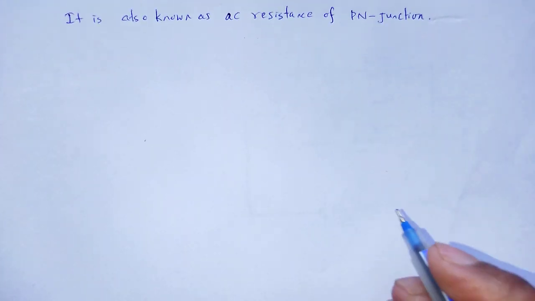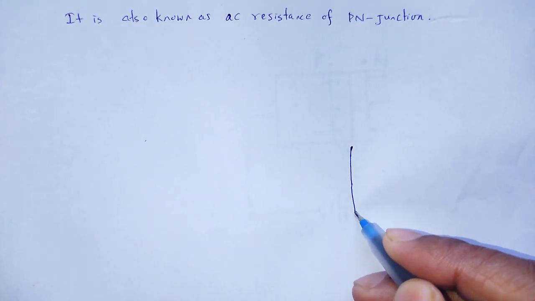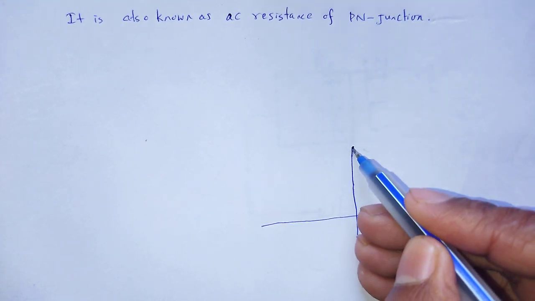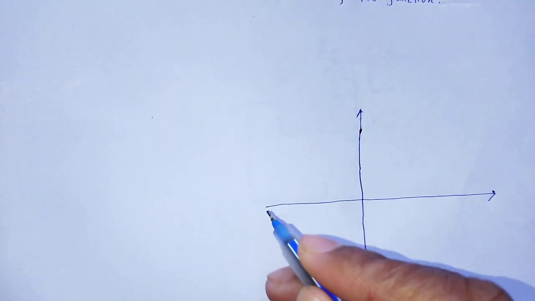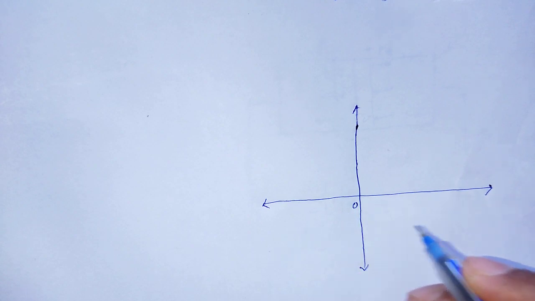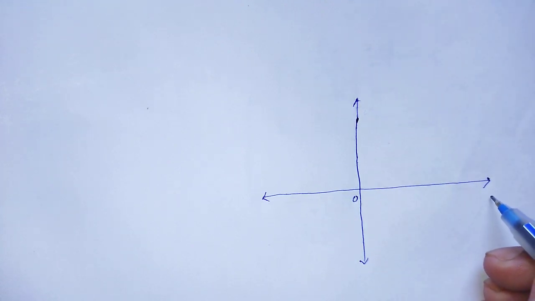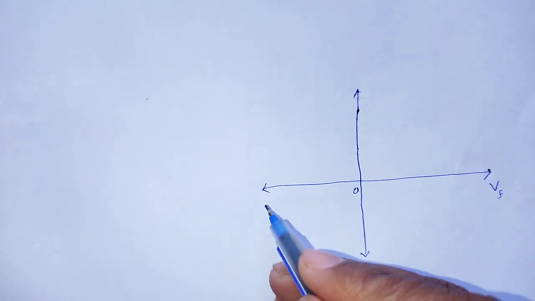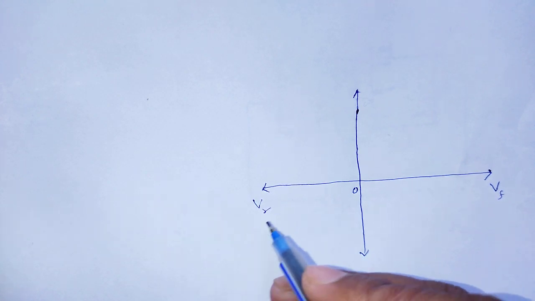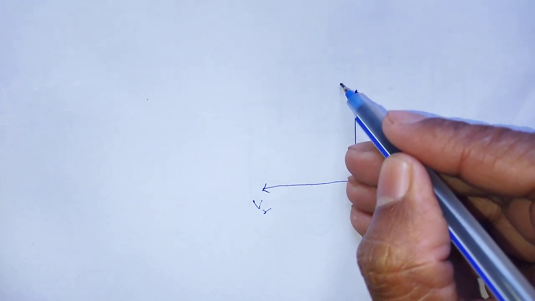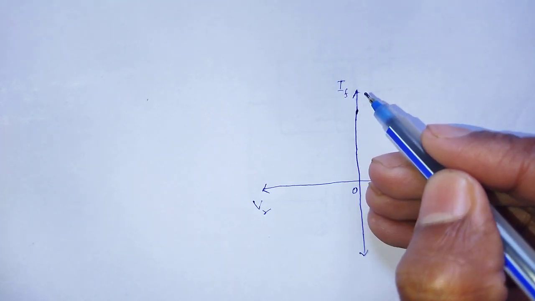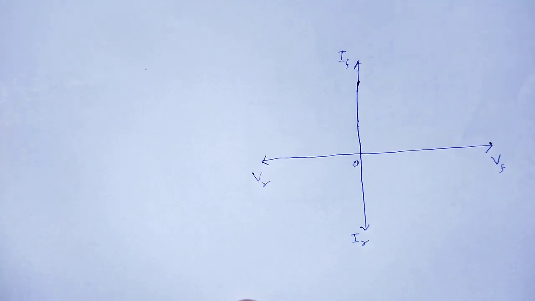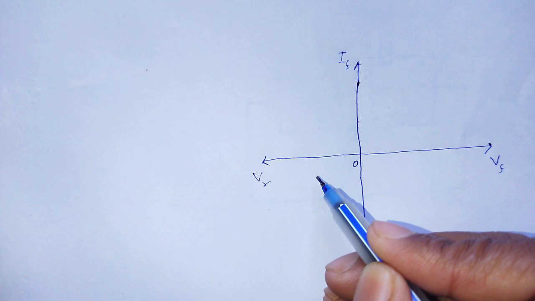If we draw a graph between current and voltage, V along the x axis, for positive we call it forward voltage, for negative reverse voltage, and current for positive is forward current, for negative reverse current. The graph looks like this.